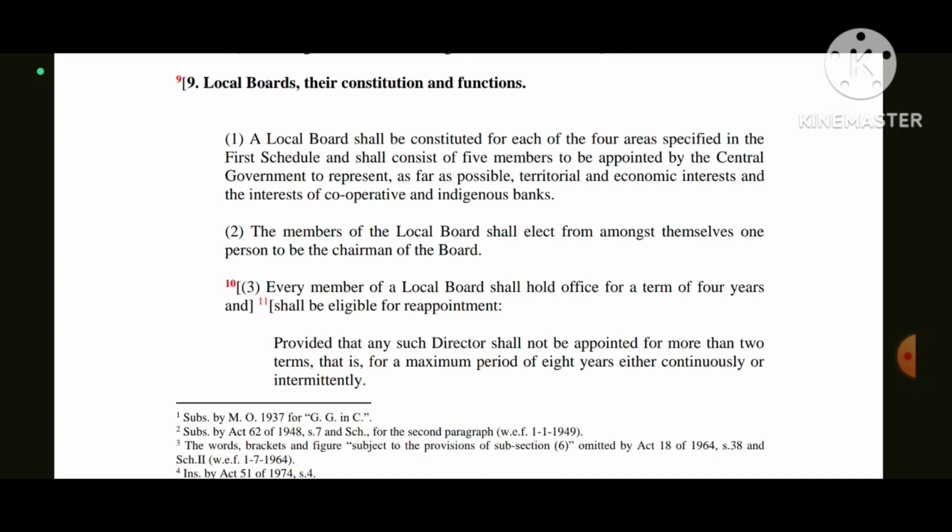Same as we have seen above for the 10 nominated directors, local board members hold office for a term of 4 years and can be appointed for a maximum period of 8 years.